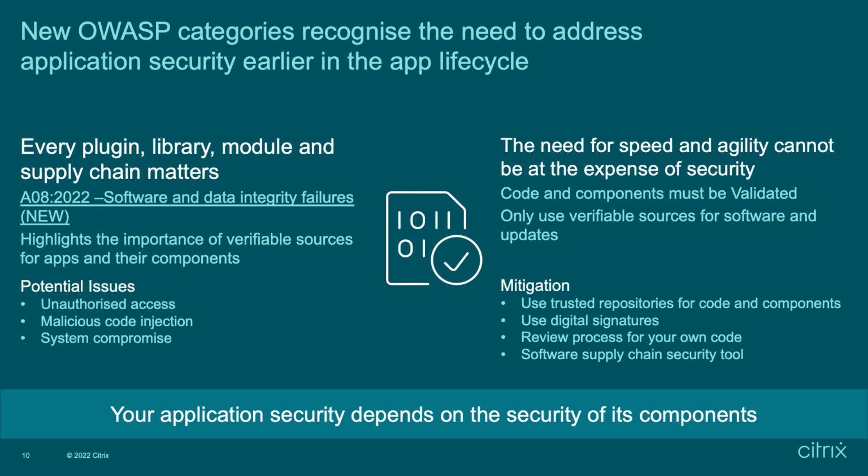As a business, you need to ensure that your software and even the libraries you use within it is from a trusted repository and is secure. The use of digital signatures can help here, of course, and so can a review process for your own code to ensure that malicious elements have not been implanted. Further, OWASP highly recommend using a software supply chain security tool to check all your components for known vulnerabilities.